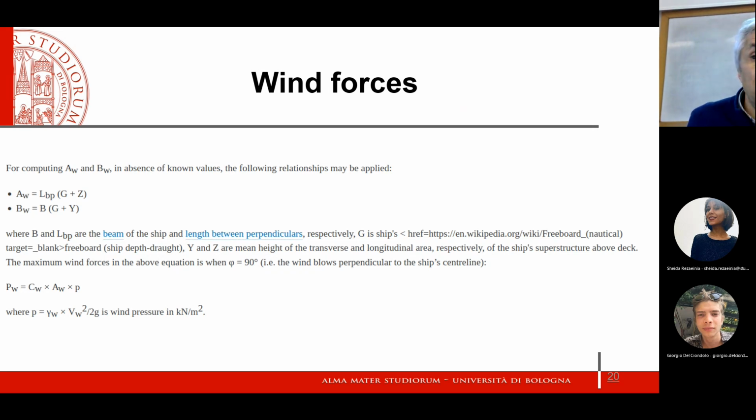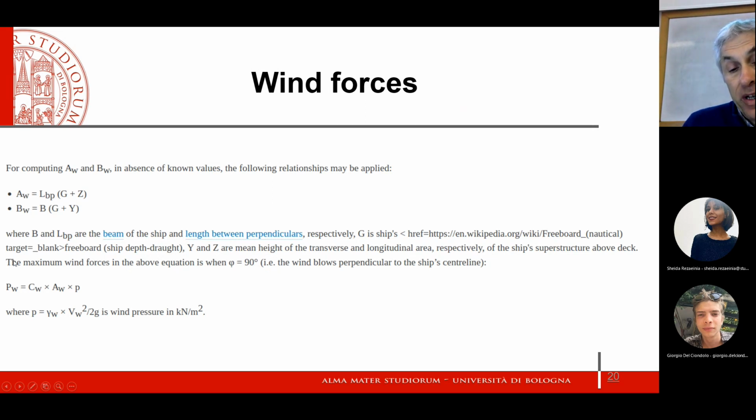And once we know the length between perpendiculars, we can also find guidelines on the web, which may suggest ideal proxy values for G, Z, and Y. So the meaning of these two equations, which you don't have to remember by memory absolutely, is that for estimating the typical values to be taken for AW and BW, you can refer to literature indications.